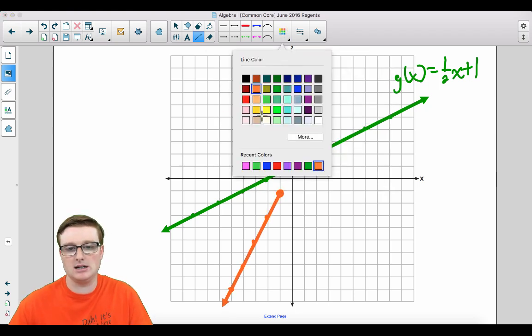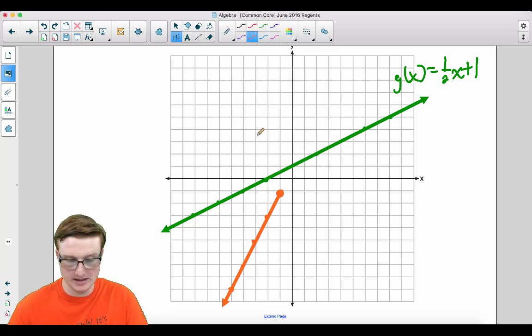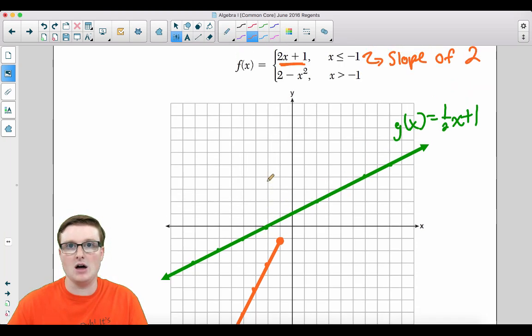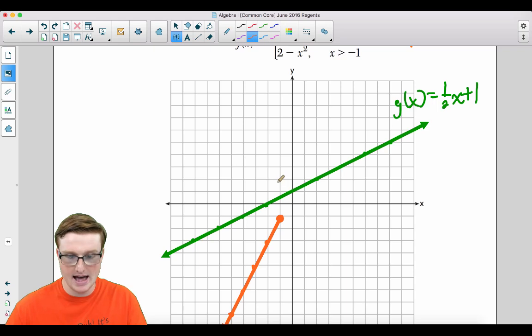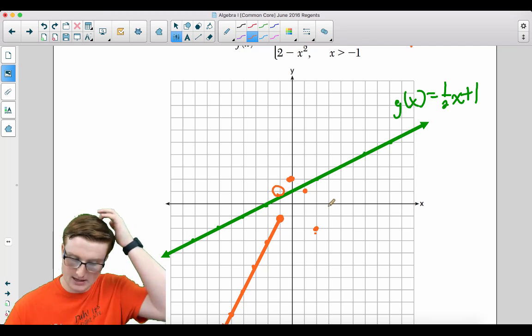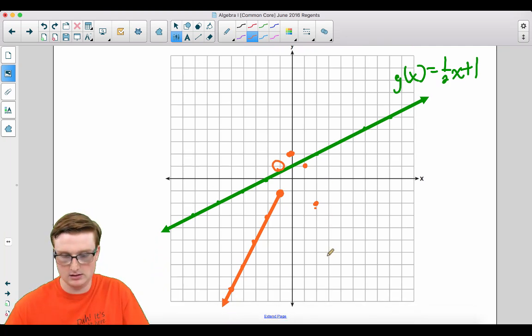Now your parabola, just take my word for it because I'm not going to be graphing this on the calculator, but the parabola starts at this point right here with an open circle. Its vertex is at the point 0, 2, and it goes down this way to -2, 3, -7. Let's see. 1, 2, 3, 1, 2, 3, 4, 5, 6, 7.